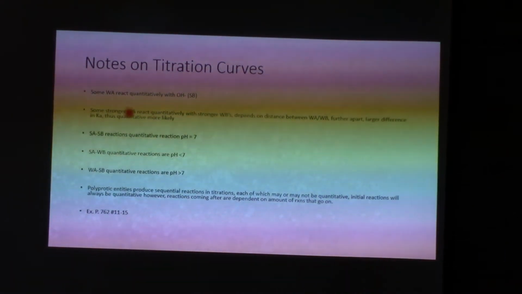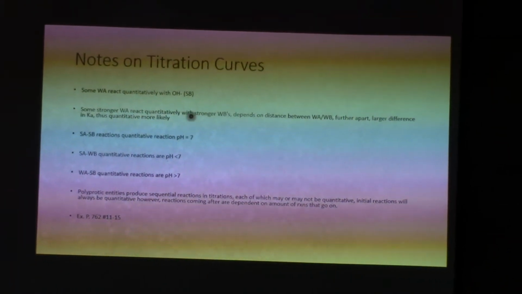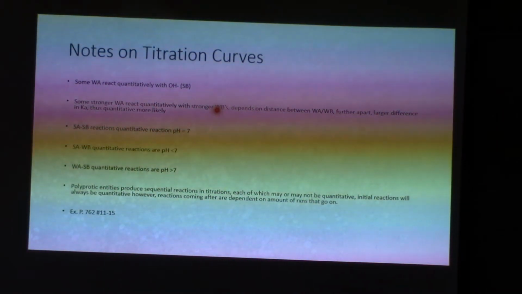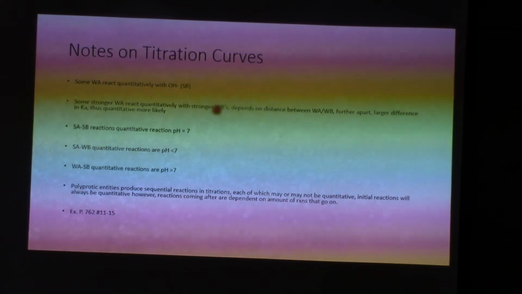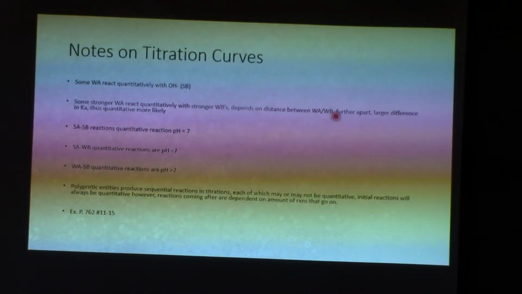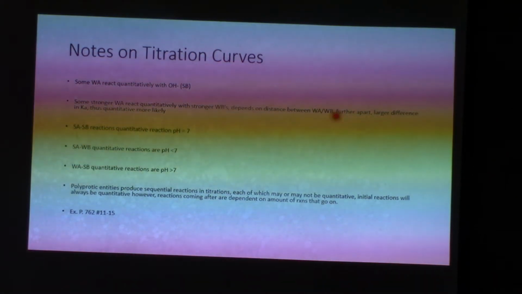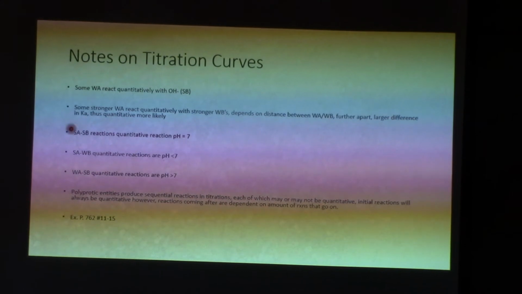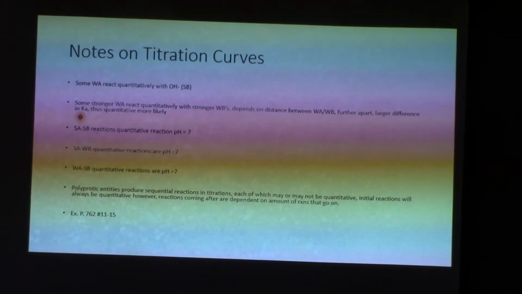Some stronger weak acids react quantitatively with stronger weak bases, but it depends on the distance between the weak acid and weak base on your acid-base chart. The further apart they are on the acid-base chart, the more likely the reaction will be quantitative, because there's a larger difference in Ka and Kb.